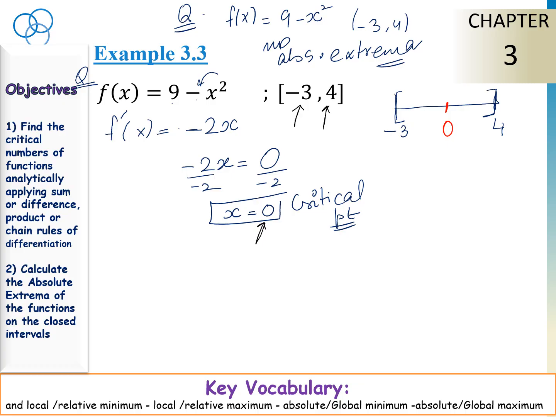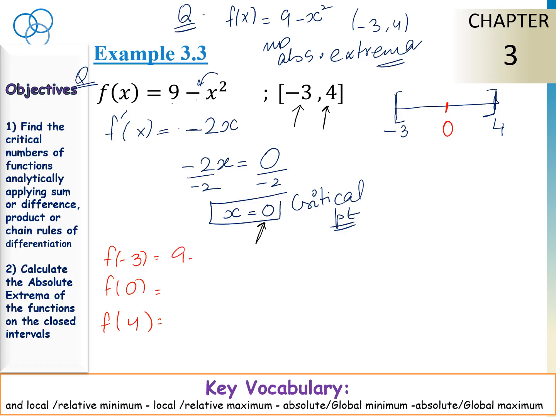So we are going to find the y values. Find f of -3, the initial point, the middle point f of 0, and the last point f of 4. Put them in the original equation to find the y value.